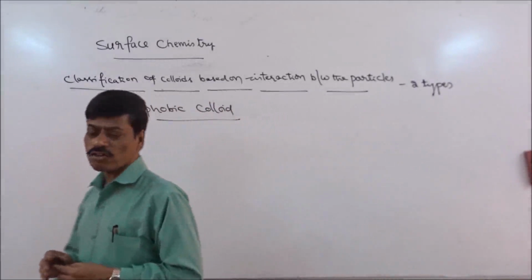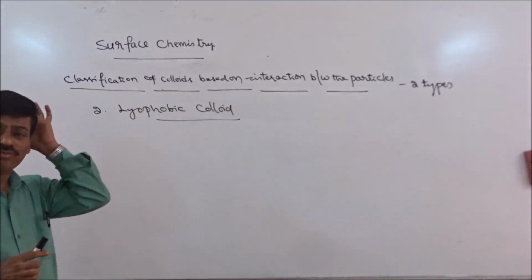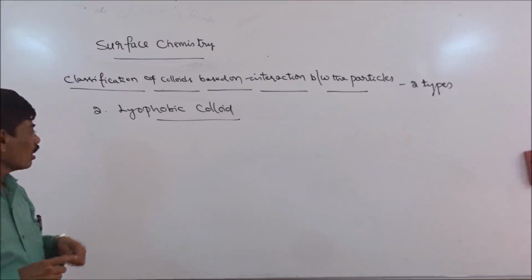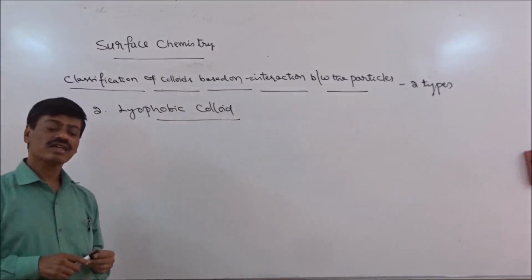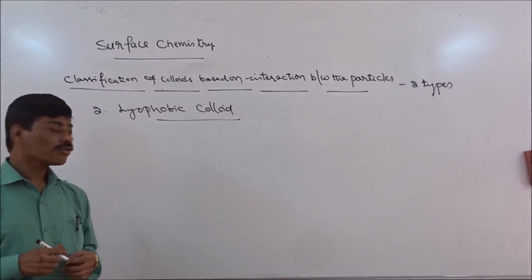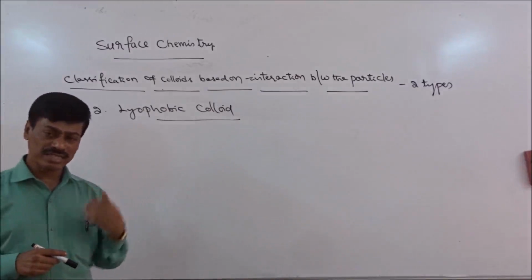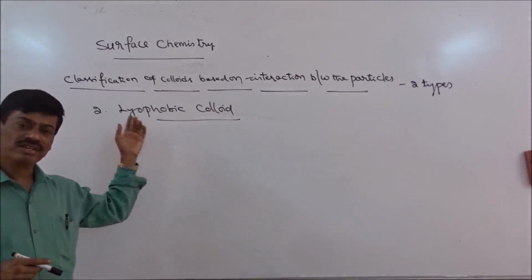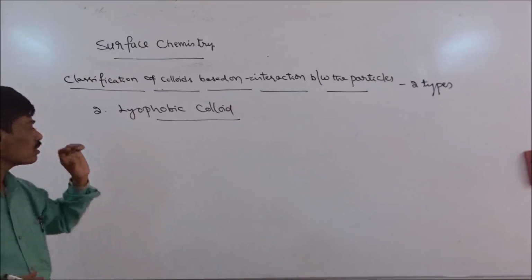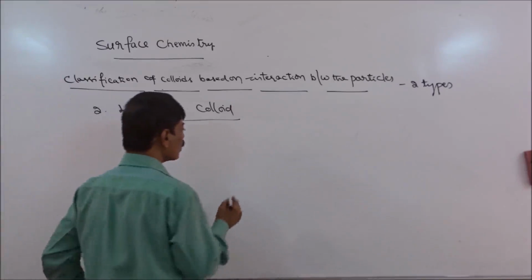In the case of lyophilic colloid, in between the two phases attraction is there. And here in lyophobic colloid, in between the two phases repulsion is there. So phobia means fear or repulsion. In this case also we have two phases. Right? Both the phases will repel each other.